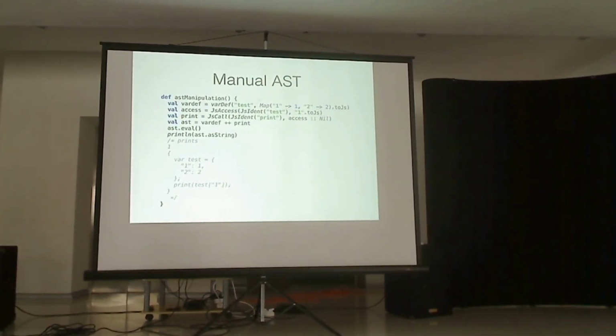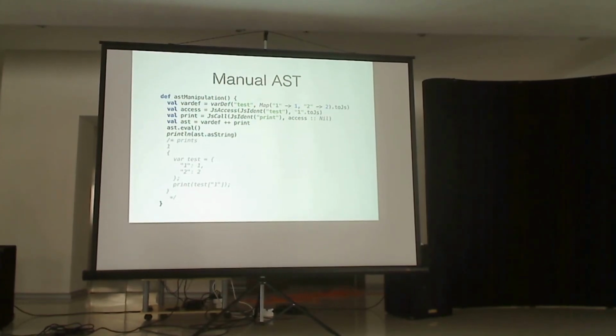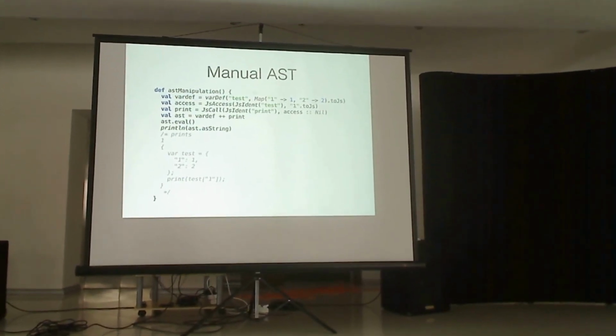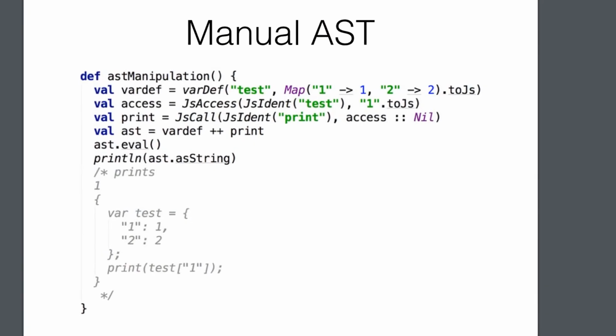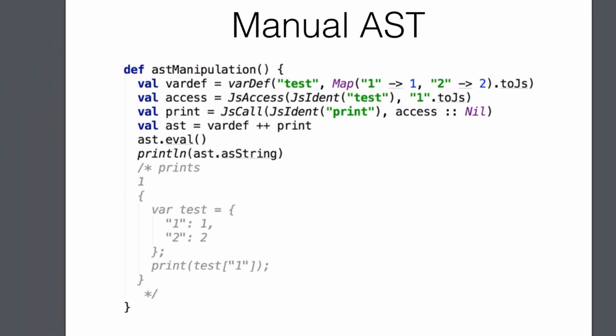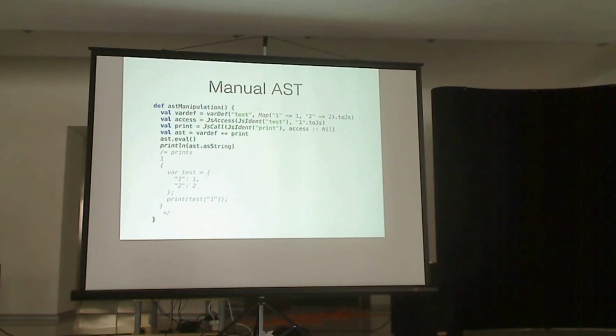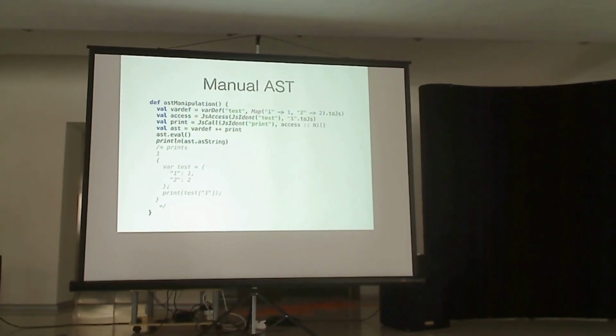You can concatenate those, insert, so we can build quite complex logic using just manual ASTs. So we can see the results: we have a variable test, which is an object, and a call of print.